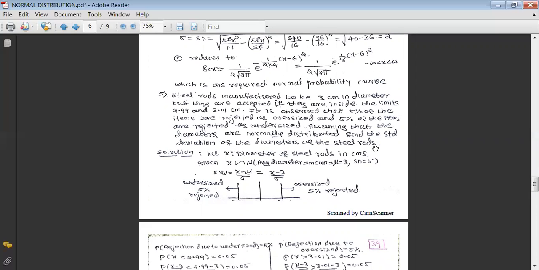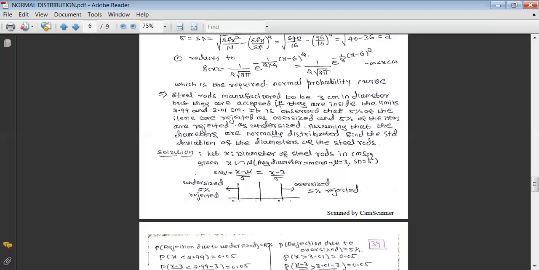Anyhow, first let us understand what is the problem and what we are required to calculate. Once you look at the information provided, it is regarding the diameter of the steel rods. That's why let us take the variable x as the diameter of the steel rods.